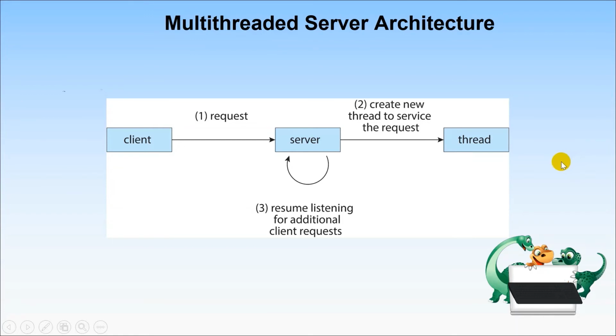A daemon would listen, fork a child for every incoming request to process, and then go back to the listening port. That is shown in this diagram here.